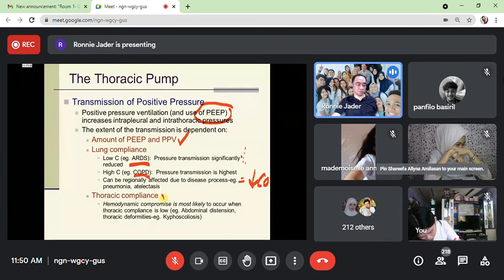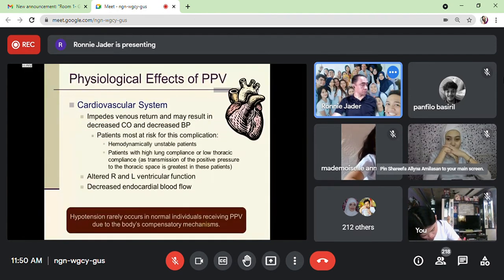Thoracic compliance also plays a part in this, because if you're pushing against a stiff abdomen, or you've got a stiff chest wall, the amount of pressure that's going to be built up in the thoracic cavity is greater. All right. So the effects of positive pressure ventilation on the cardiac system impede cardiac output and decrease blood pressure.